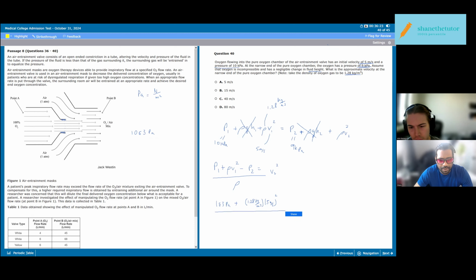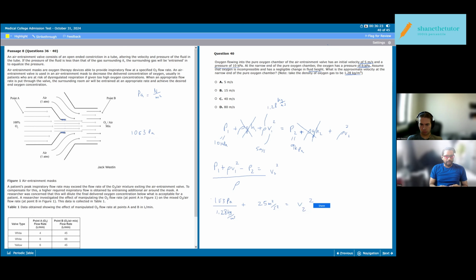I could have even done the rho thing. So this is P1 minus P2 divided by rho, plus I divided the rho of the rho V1 squared to just get V1 squared, which is the 25.